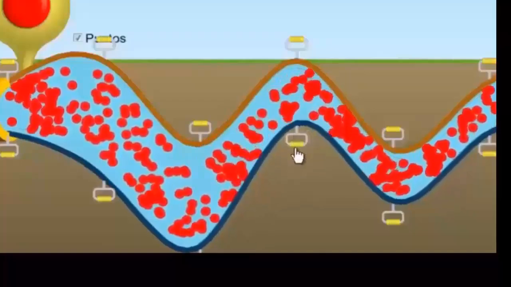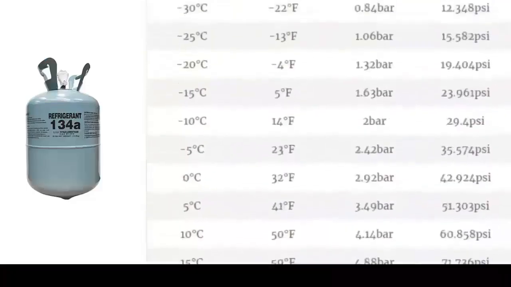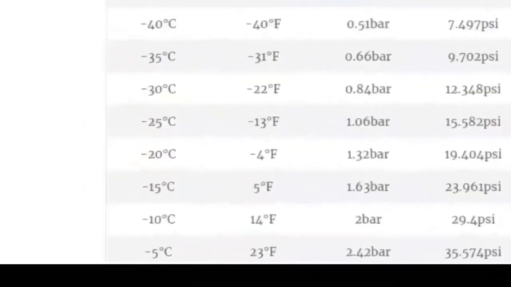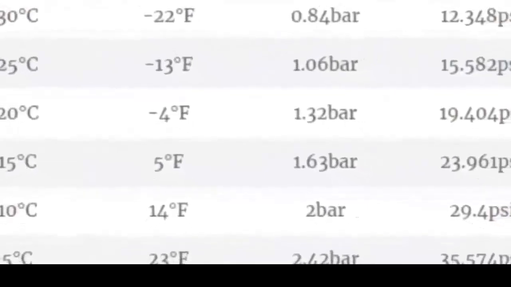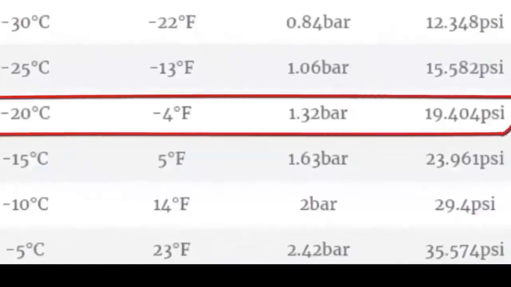On the screen, there is also a pressure and temperature table for our R134a refrigerant, created with different measurement units. This refrigerant is characterized by medium working pressures. Examples of common pressures. Low pressure in freezers for a temperature of -20 degrees Celsius.